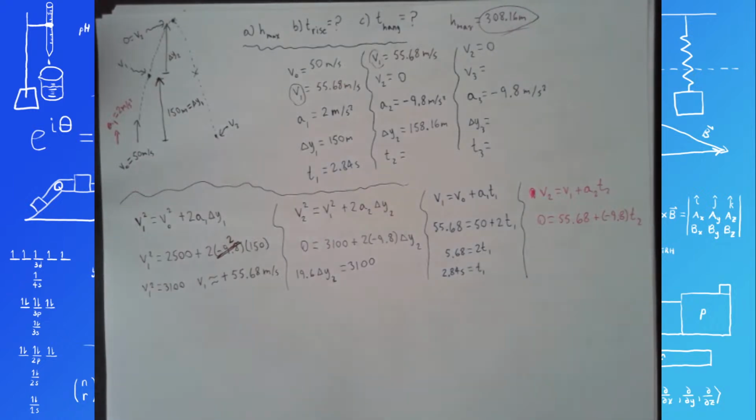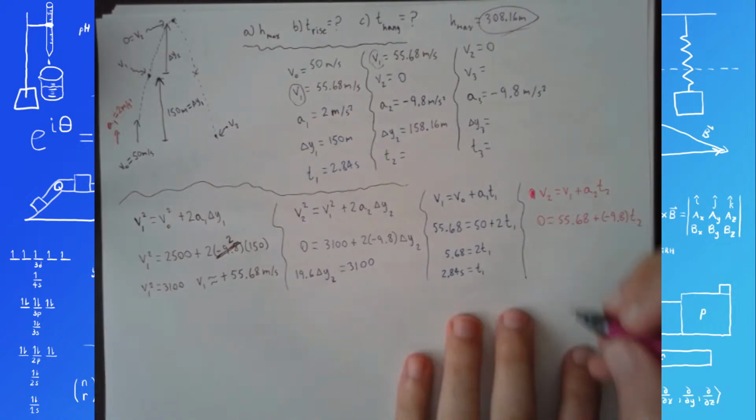That's just a quick intuitive check that you could do to make predictions and make sure that your results are falling within your predictions. So anyway, add 9.8 T2 on both sides. Yeah, I think I would rather do that.